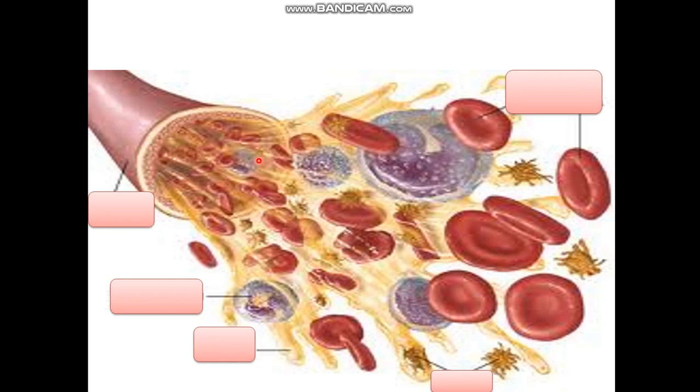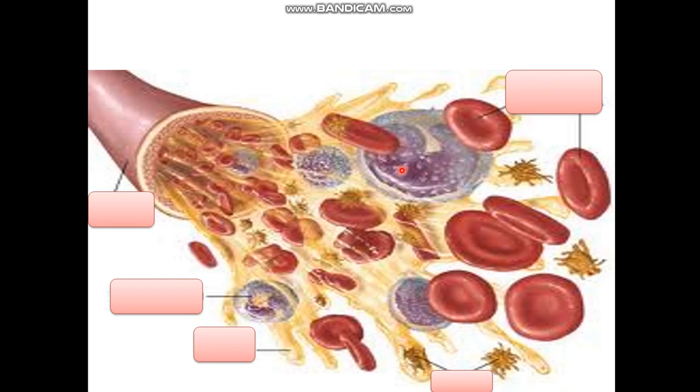These cells are huge in number and they don't have a nucleus. Look, the cell does not have a nucleus. It has a disc shape, or biconcave shape. This is the biconcave shape of the red blood cells. They are high in number and do not have a nucleus, colored red.